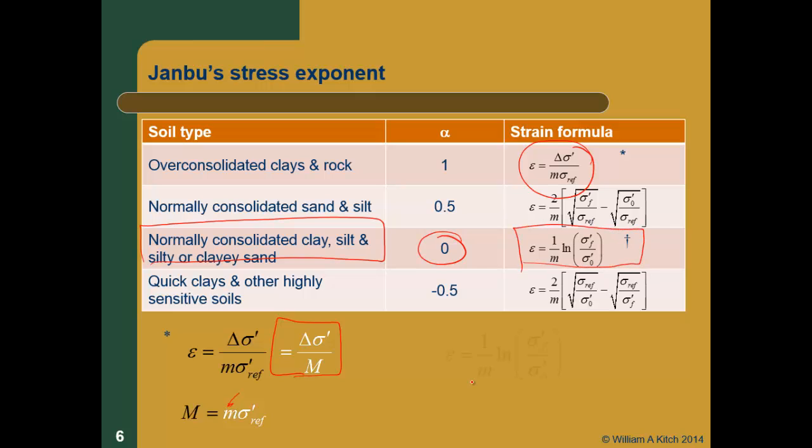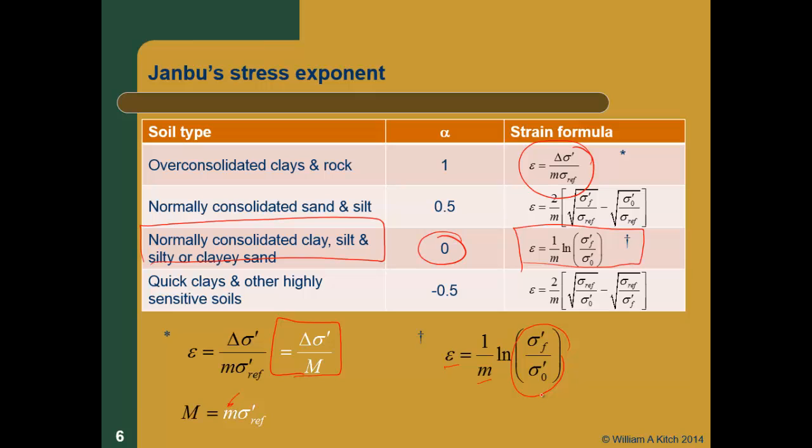So let's look at that one real quick. That says that the strain using Janbu's parameters is going to be 1 over m times the natural log of sigma final over sigma 0. Well, that looks familiar. What does that look a lot like? That looks a lot like our C sub C equation for normally consolidated soils, right?